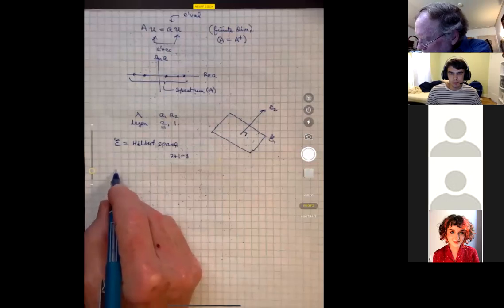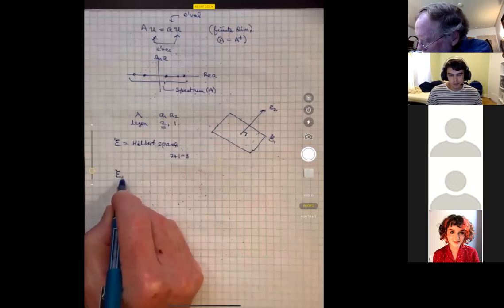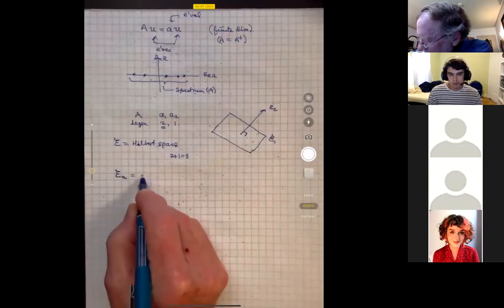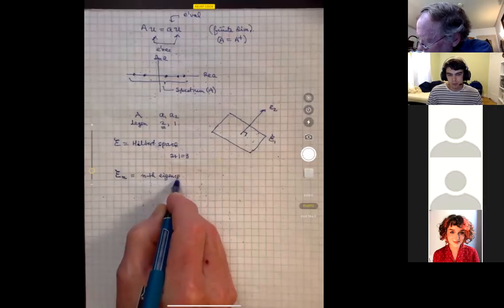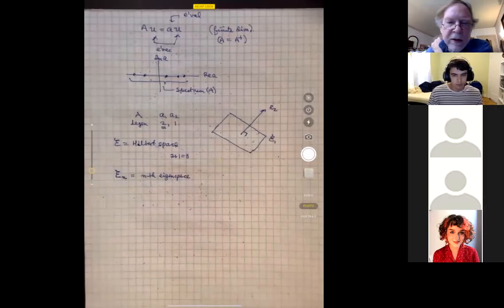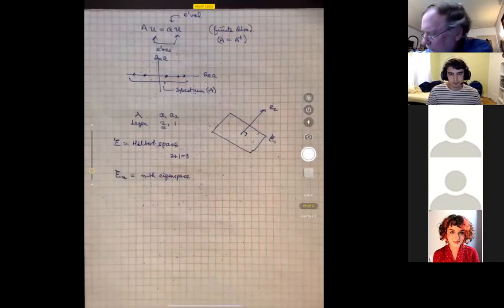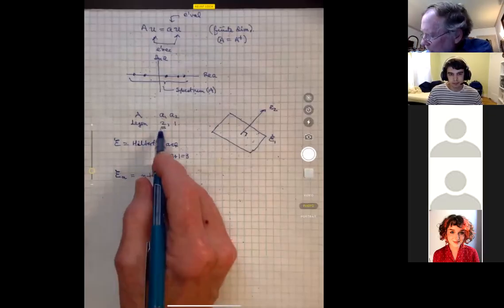In case I didn't explain this last time, I'll write this notation E sub n to be the nth eigenspace. What an eigenspace is, it's just the set of all possible eigenvectors of a given eigenvalue. In this case, we have a second eigenvalue A2.